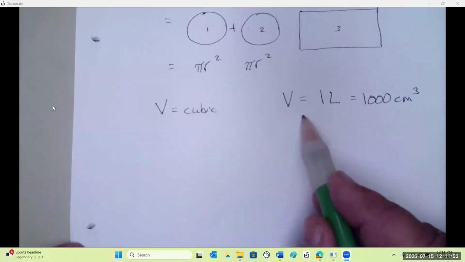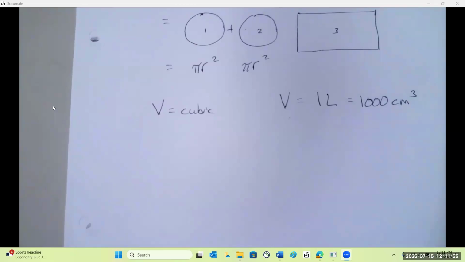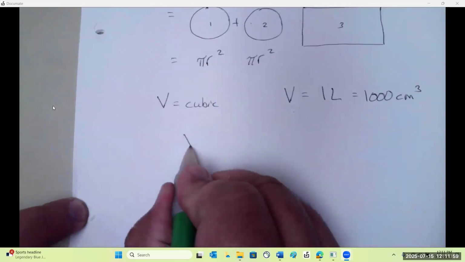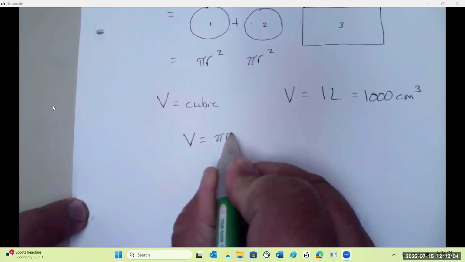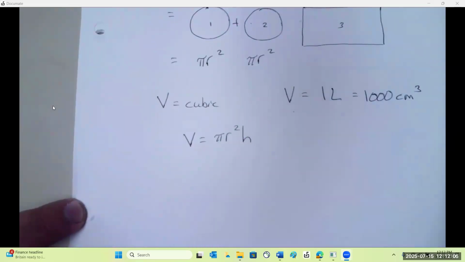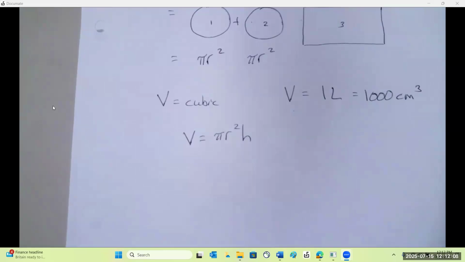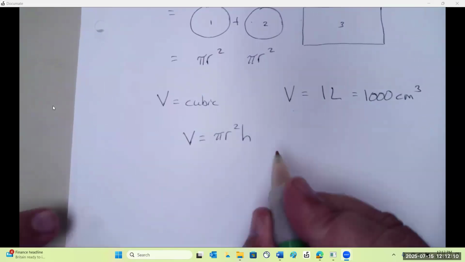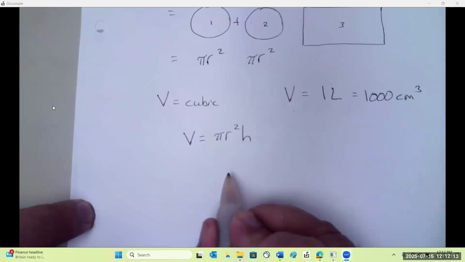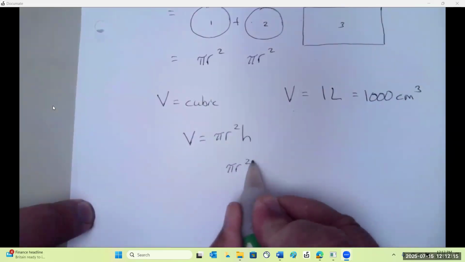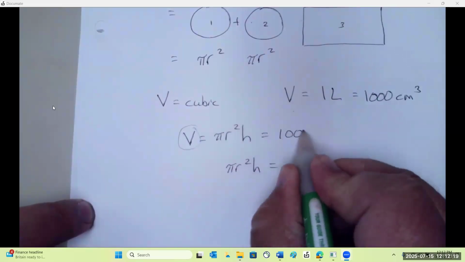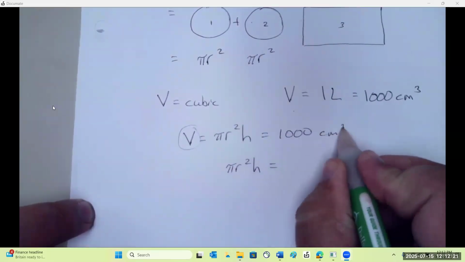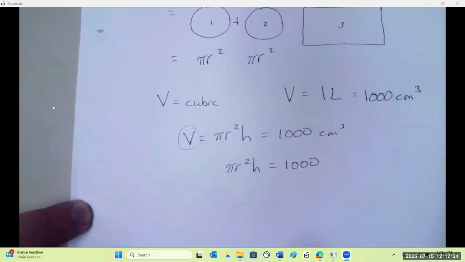So we know this conversion for the volume. So our volume that we deal with is pi r squared times h. And we know that this formula has to equal 1,000 centimeters cubed. So I'm just going to use 1,000 here.